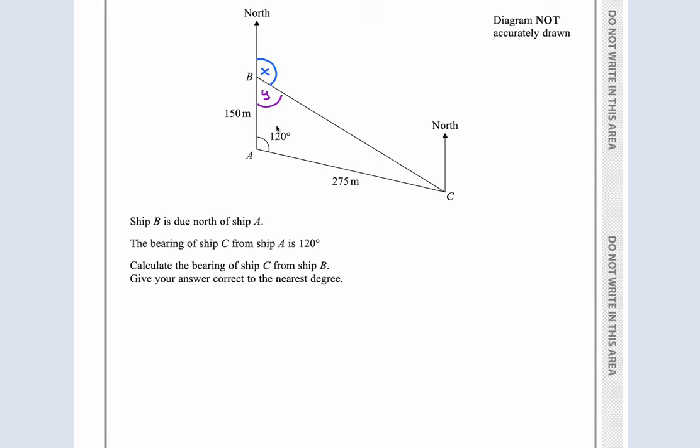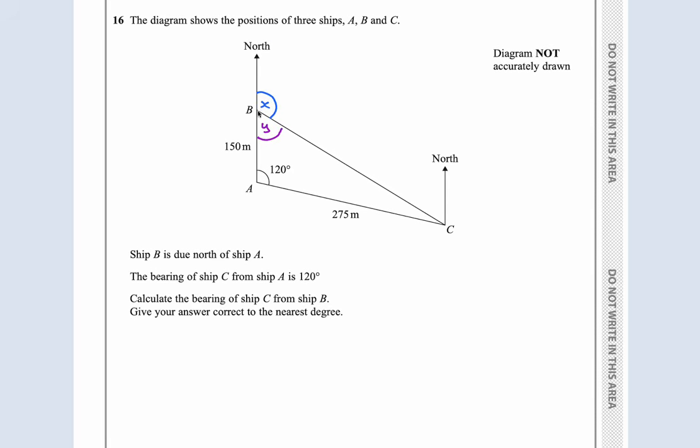I think I'm going to have to use, it's a triangle, it's not a right angle triangle, so I have to use the sine rule or the cosine rule. Now I can't use the sine rule because if I do sine y over this equals sine this over this, I don't have this length. So I can't use the sine rule yet, but I could find this length using the cosine rule.